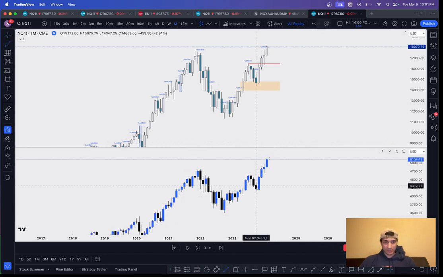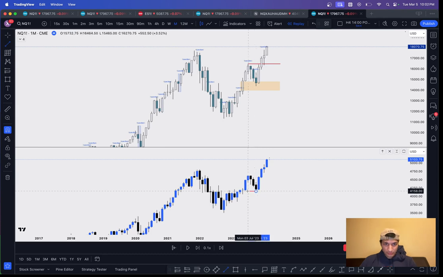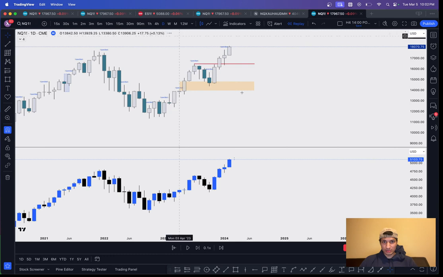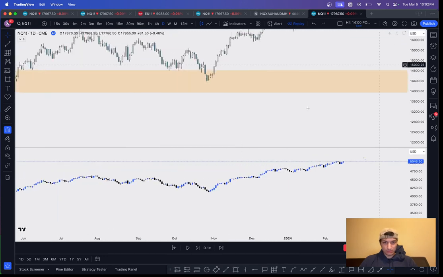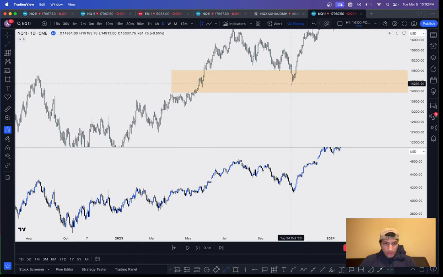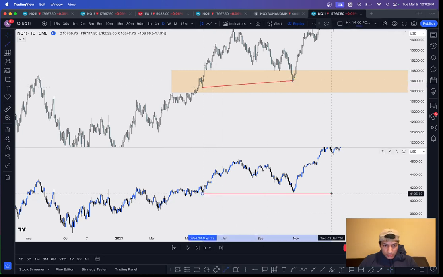So look, this low. Let me go down to the daily chart. Okay, and there we go. Is that the SMT? Let me see. Maybe not that one. Maybe it's this one.